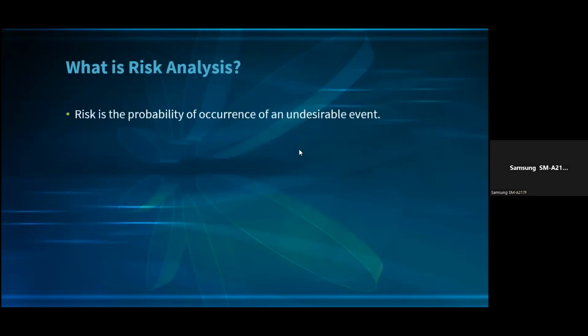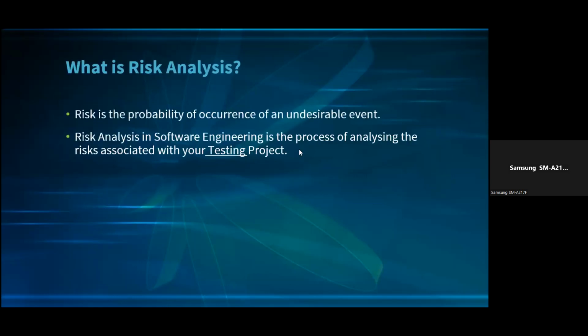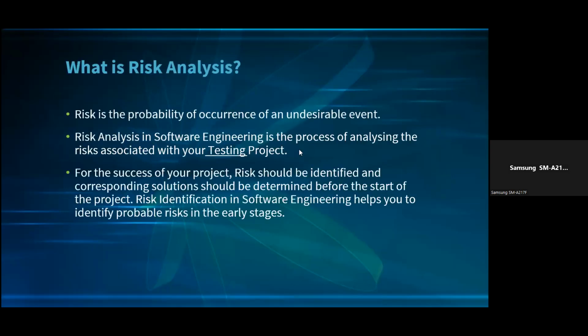So what is risk analysis? It is the probability of occurrence of an undesirable event. Risk analysis in software engineering is a process of analyzing the risk associated with your testing project. Also, for the success of your project, risk should be identified, and the corresponding solution should be determined before the start of the project.